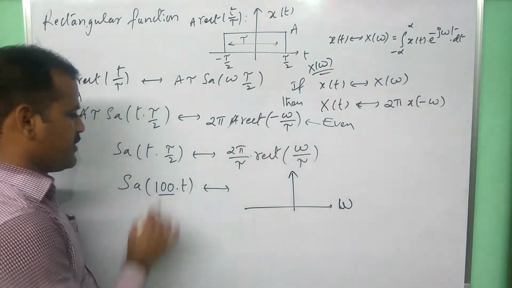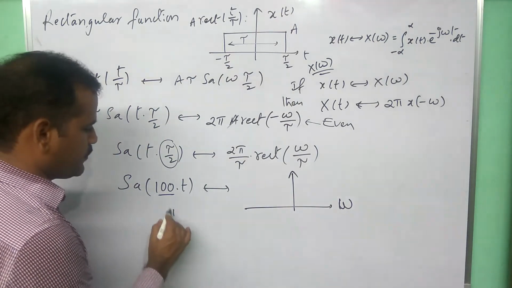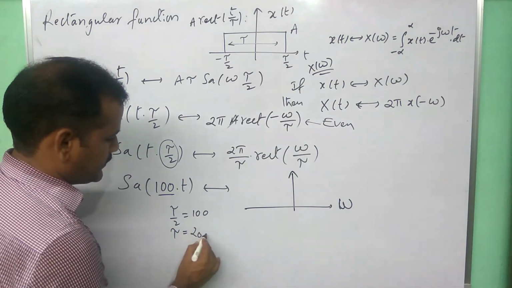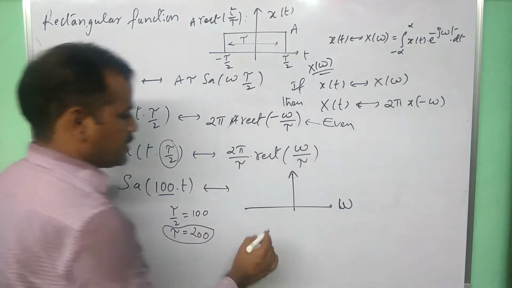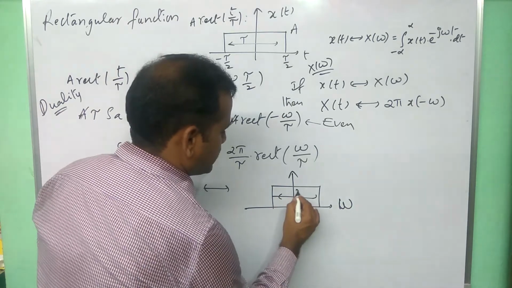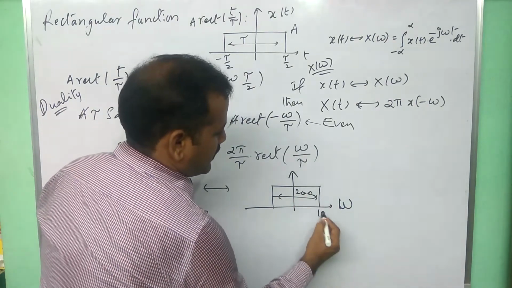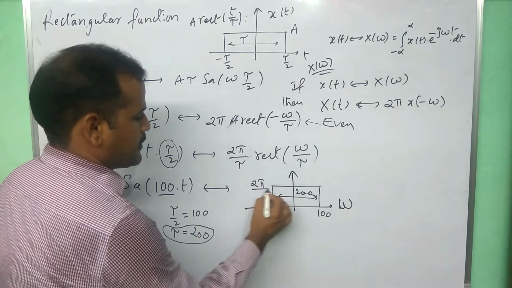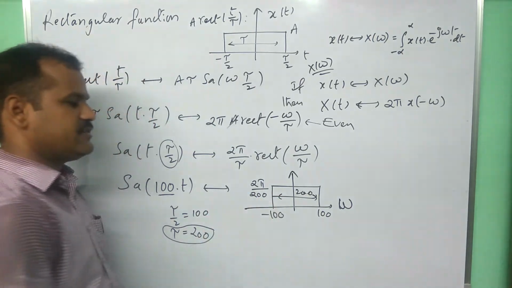And this 100 is nothing but τ/2. So τ/2 is 100, which means the τ value is 200. So the rectangular function width in the frequency domain is 200, so this side 100, this side 100, and 2π/200 is the amplitude.